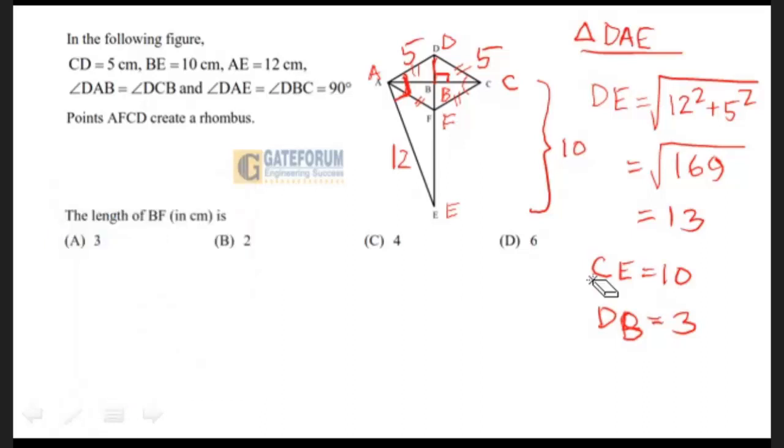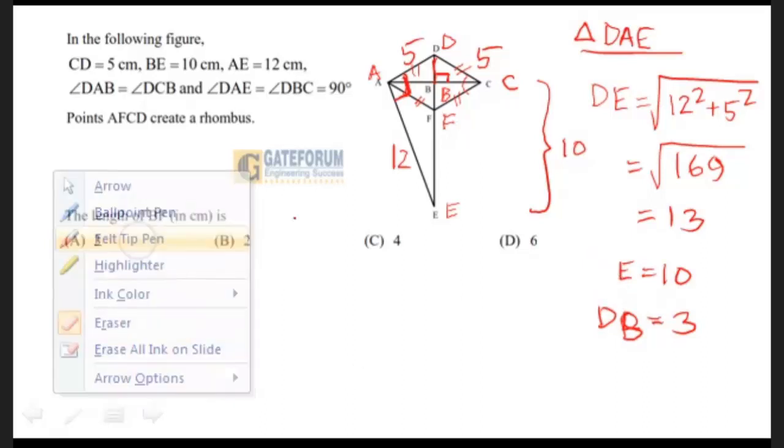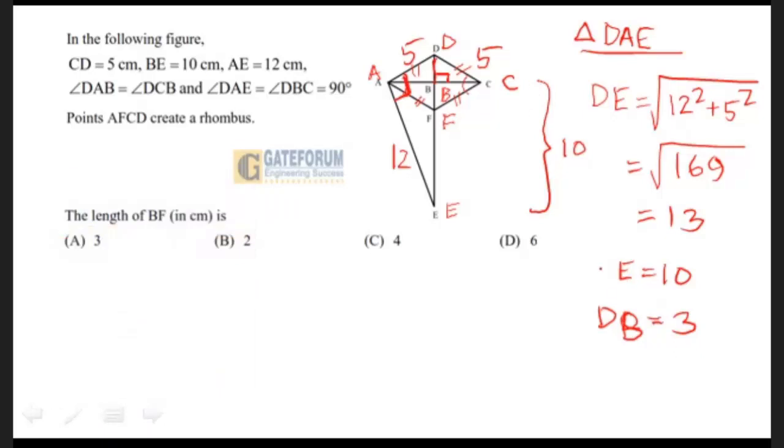I made an error in writing, since this arrow was beside C, I was writing C. BE is 10, not C. So DE is 13, BE is 10. So DB must be 3.